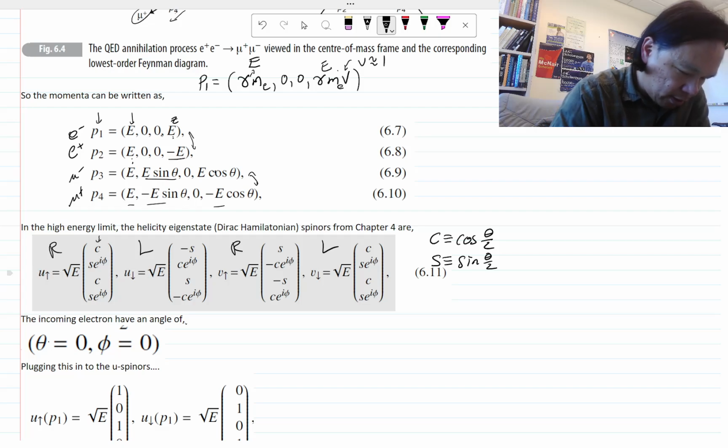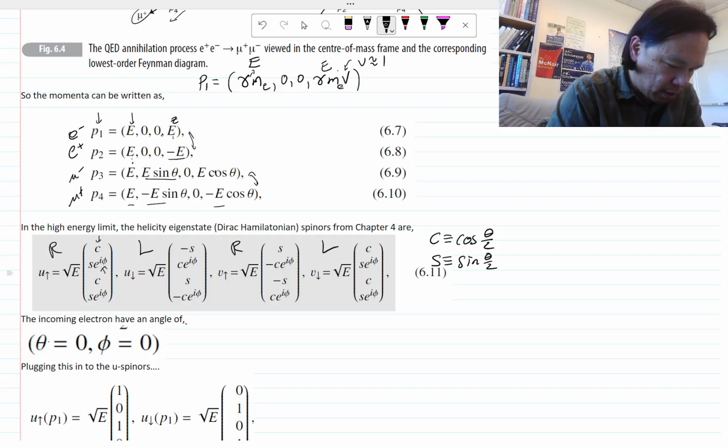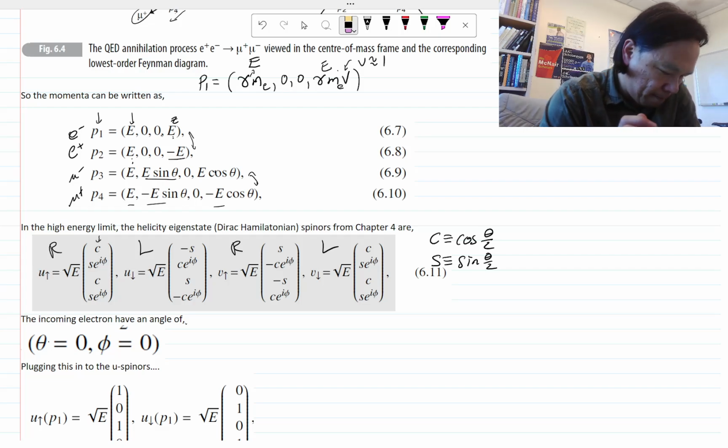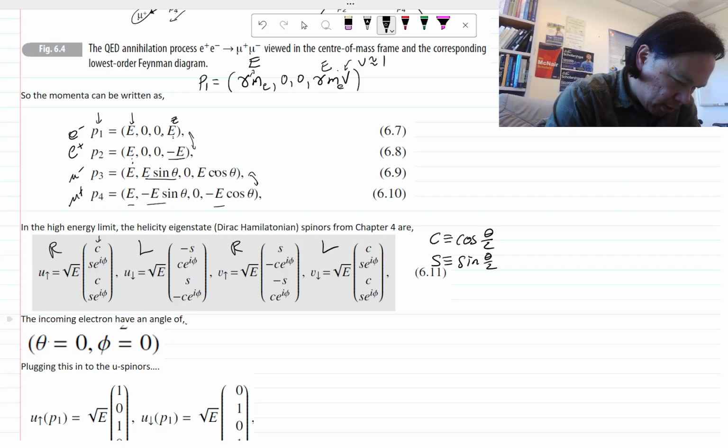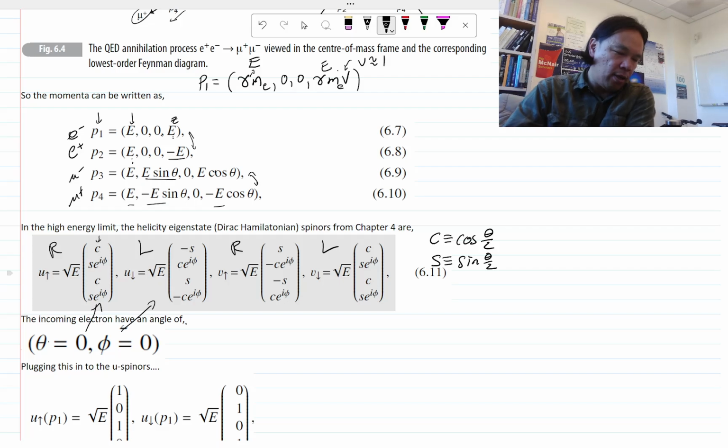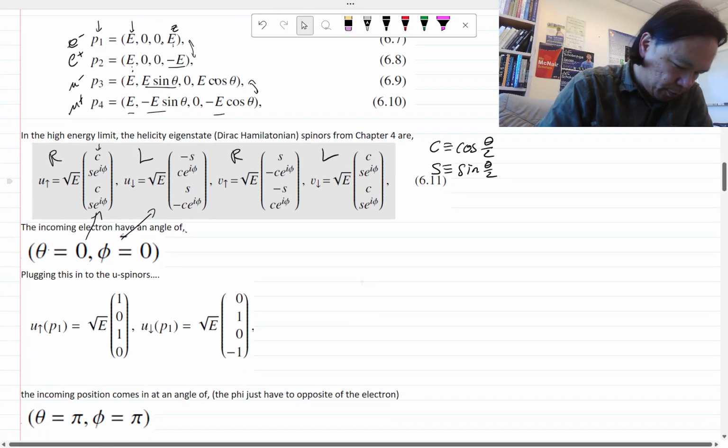Okay, so these are sine and cosine functions, and then you have some exponential e to the i phi with that. Okay, so plugging these angles in for the electron, the electron is a particle, so we plug them into the particle left- and right-handed spinors.